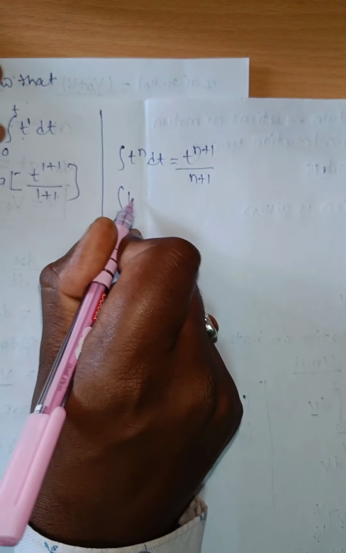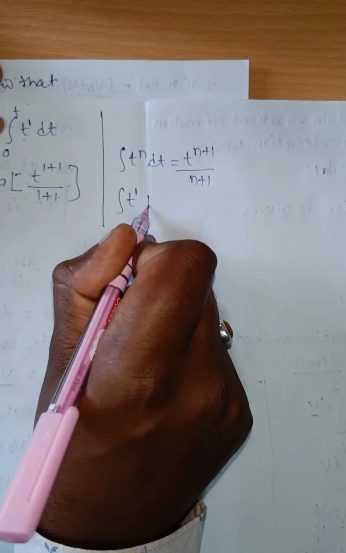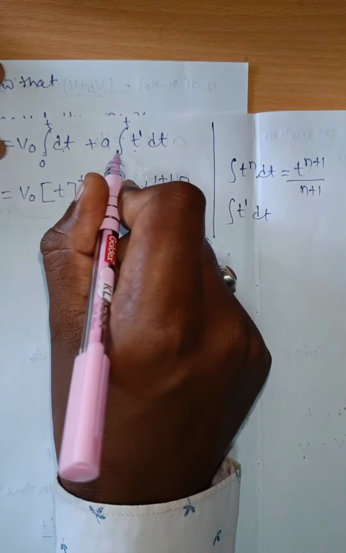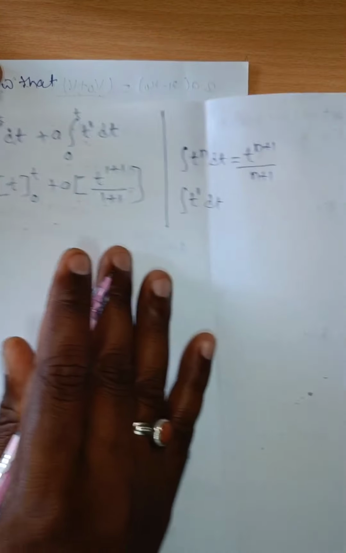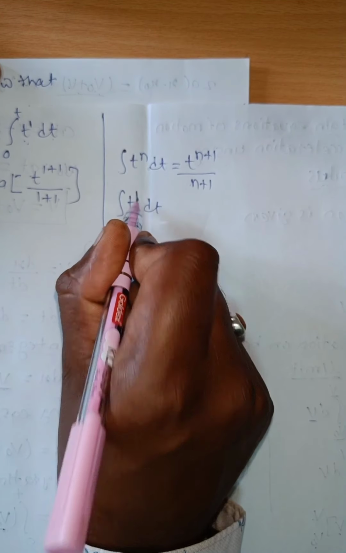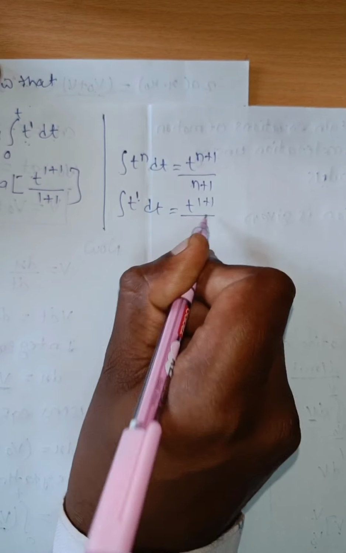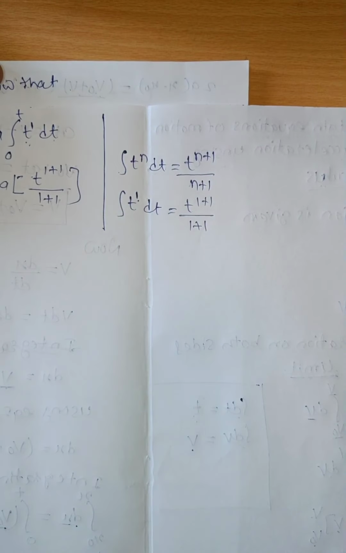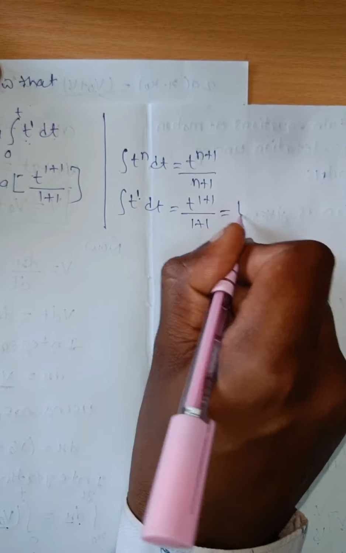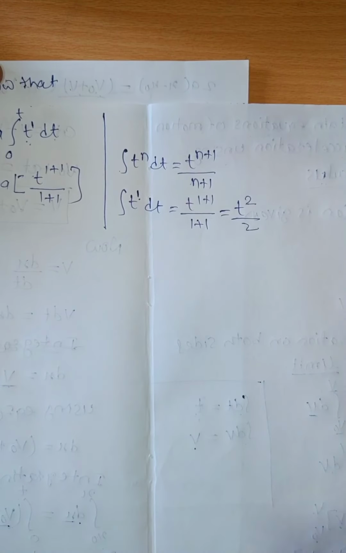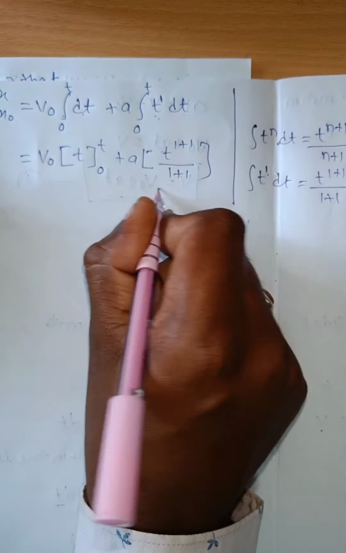For t to the power of 1, the power is increased by 1, so it is t to the power of 1 plus 1 divided by 1 plus 1, that is t squared divided by 2.